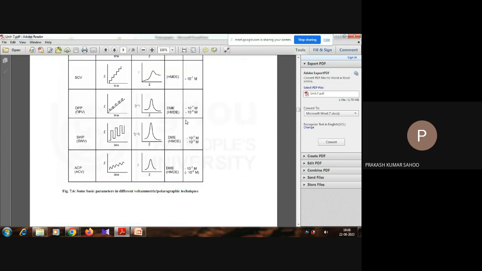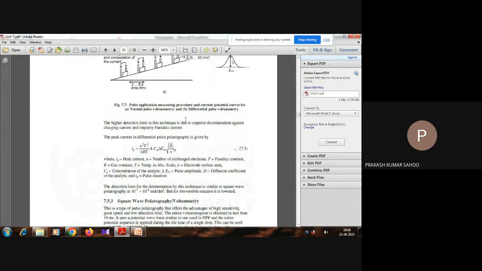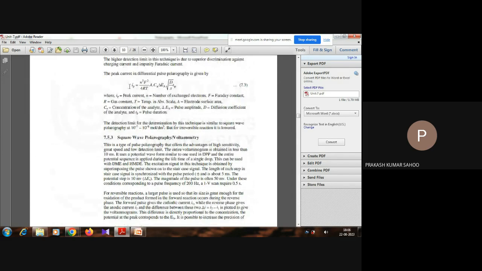Already we have discussed. Then this equation is there, that is the peak current Ip = n squared F squared by 4RT into A Ca del Ea root over D by pi into dp. Just try to remember this equation for differential pulse polarography.